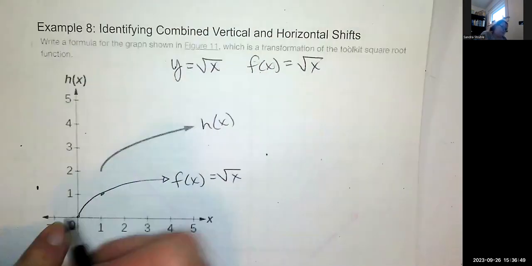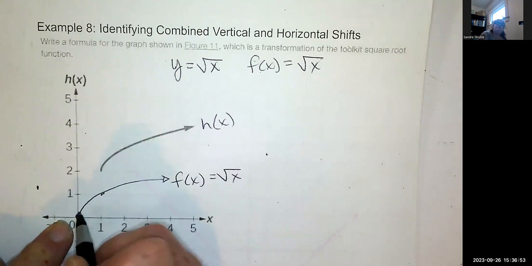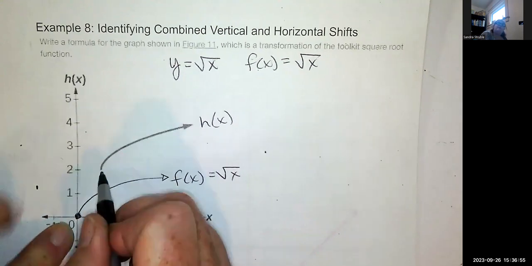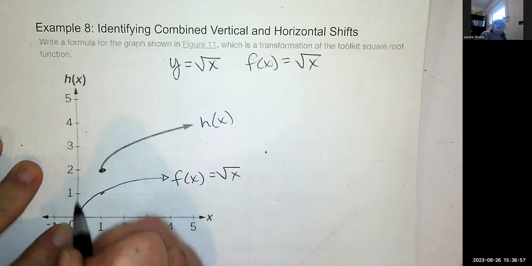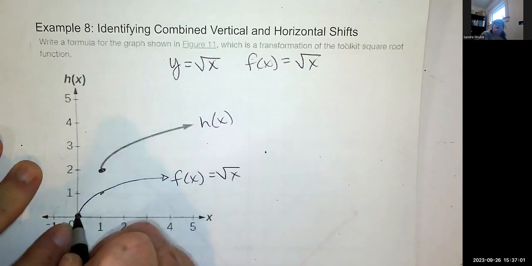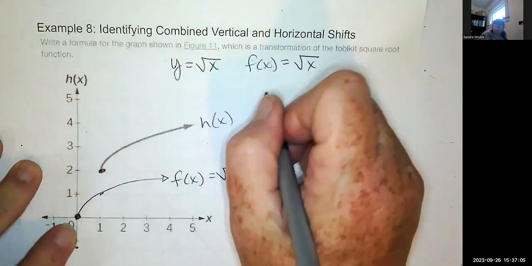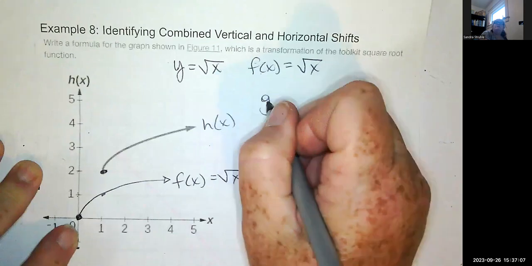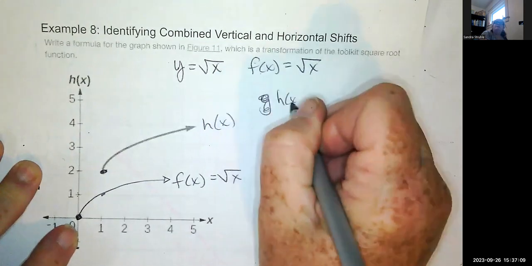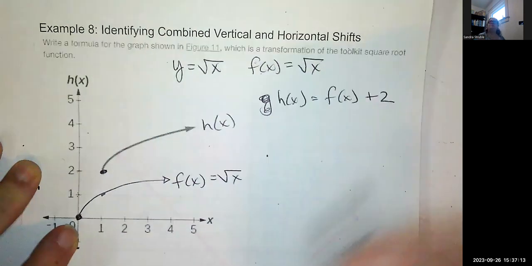All right. From this point here, I'm just going to randomly choose a point that I can see. I know it goes through 0, 0. I can see that the new one is going up 2 and over 1 for a point. So my vertical shift is positive 2. So I know right now my h of x is going to take my f of x and add 2 to it.